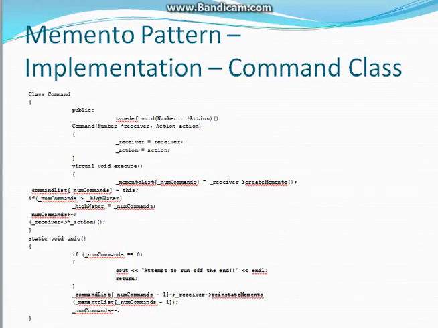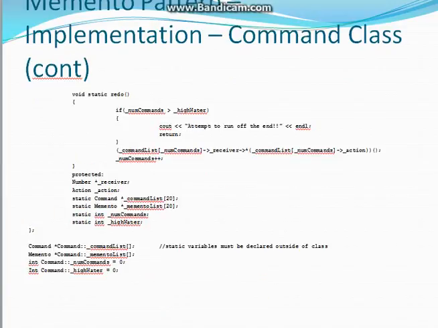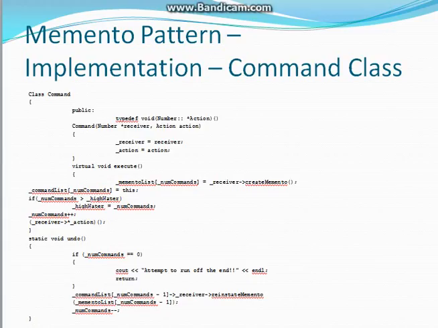So, in order to accommodate this, we have a memento list. And the number of commands, numCommands, I believe, is just the number of mementos. Yes. The receiver, in this case, is just the Number variable that this Command class points to.